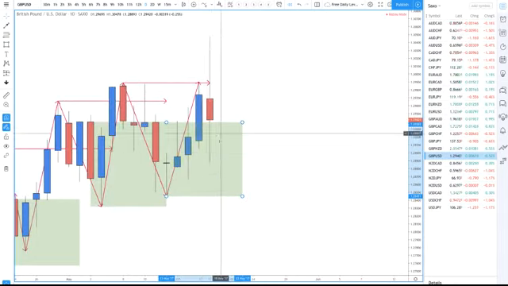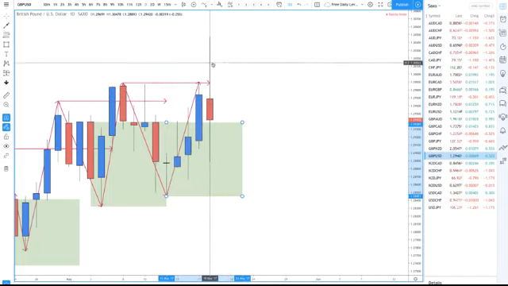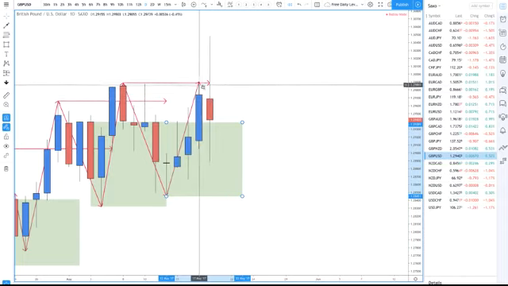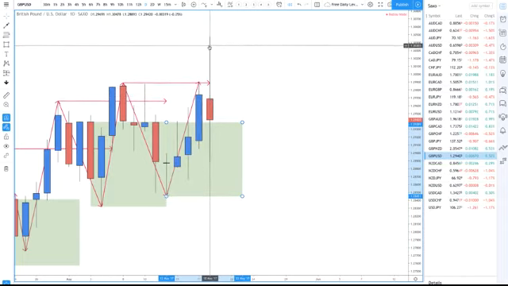Now, in a situation like this, where you have a bearish candle close, technically, yes, prices have made a new high. Yeah, that's a new swing. But in my rules, I prefer to have a bullish candle close before accepting this as a new high.